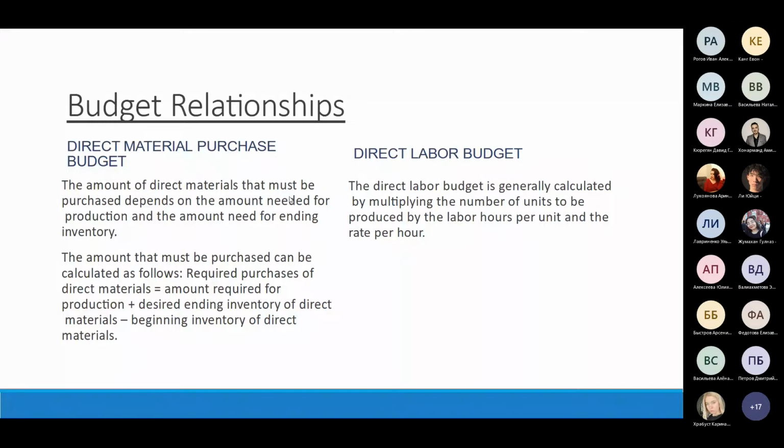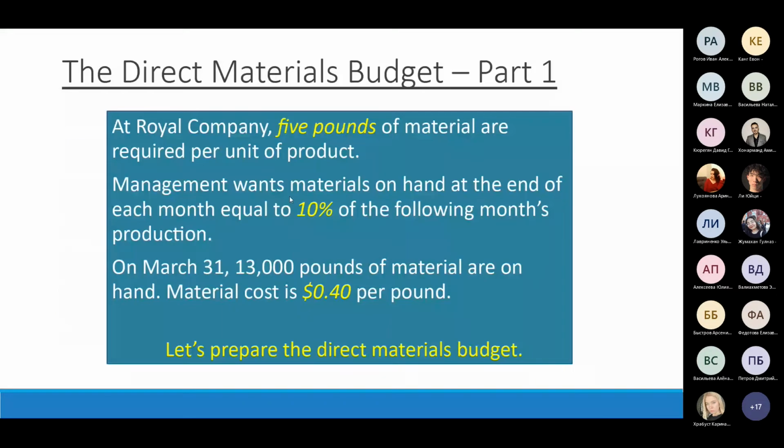If the Royal Company uses 5 pounds of materials per unit of product, and management wants materials on hand at the end of each month equal to 10% of the following month's production, and material cost is 0.40 per pound, we have to prepare the direct materials budget.